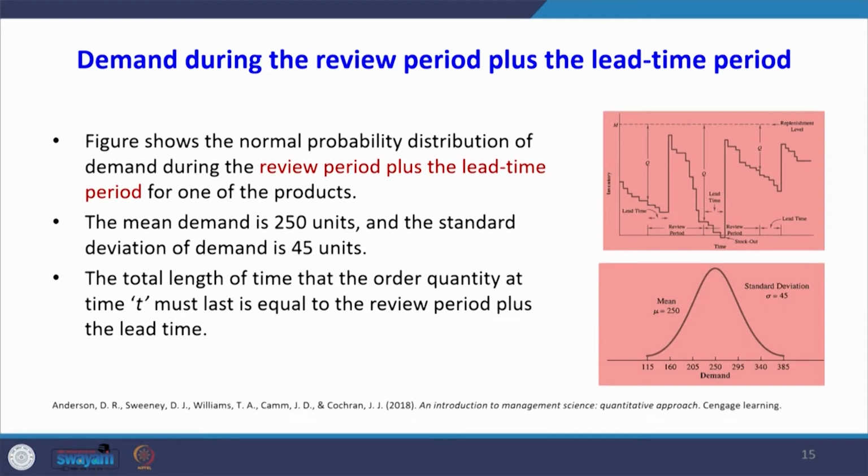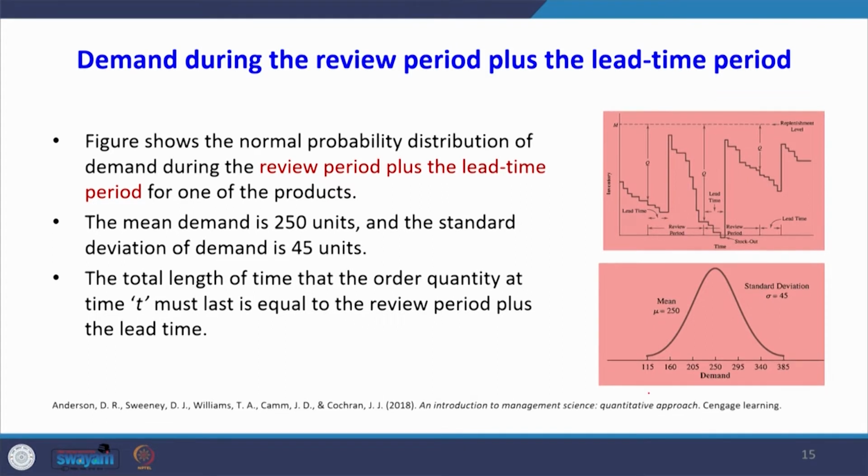Now, the demand during the review period plus lead time period is probabilistic in nature. So, the information provided here is the demand during the review period and the lead time period. The figure shows the normal probability distribution of demand during the review period plus lead time period for one of the products.